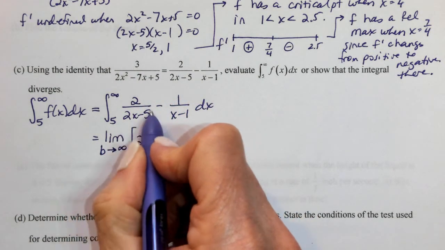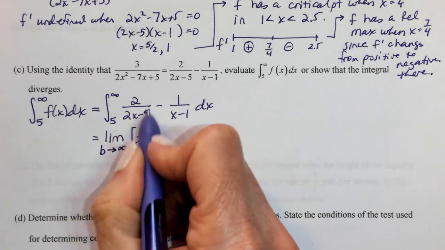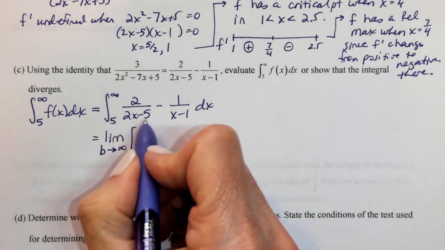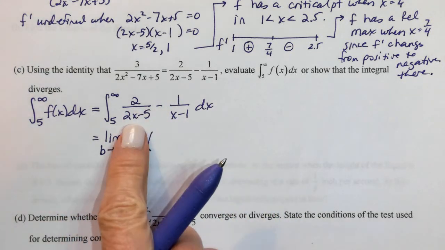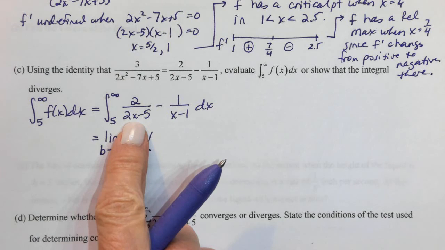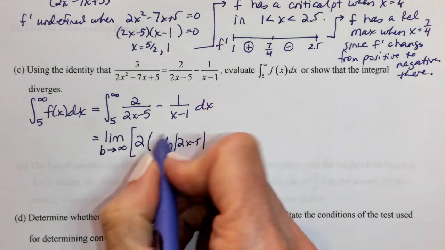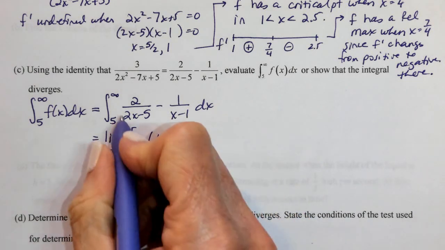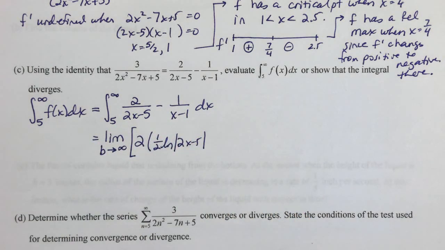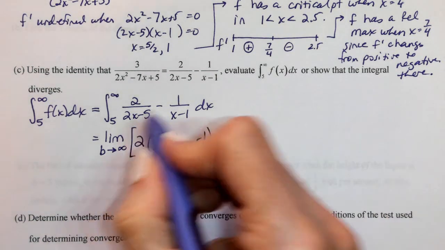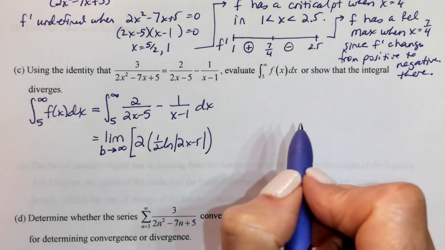Now this is going to be a natural log since the derivative of the denominator is a number. The derivative of the denominator is 2, right? So it is going to be a natural log of the absolute value of 2x minus 5, but I need to multiply by 1 over 2 because 2 is that derivative. I'm doing a u sub, I'm just doing it quickly and easily in my head. Okay? If that confuses you, go off to the side and do a u sub on that piece.